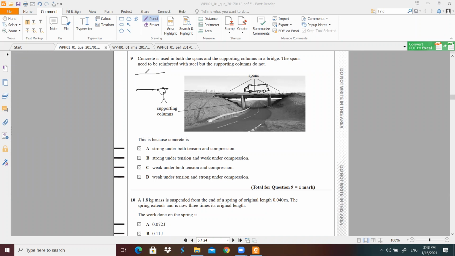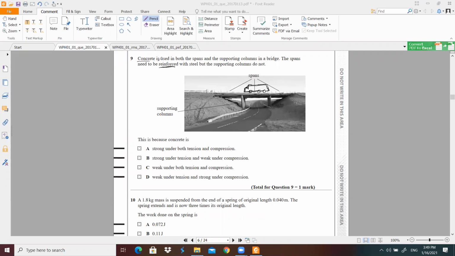Of course not. It will bend a little bit like this, as in stretch. The proper word should be stretch. And when something stretches, it is under tension. So when a bus or a truck or a lorry travels on the bridge, it is under tension, and that's why it has to be reinforced.